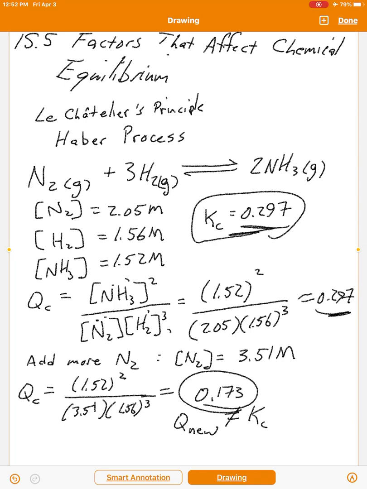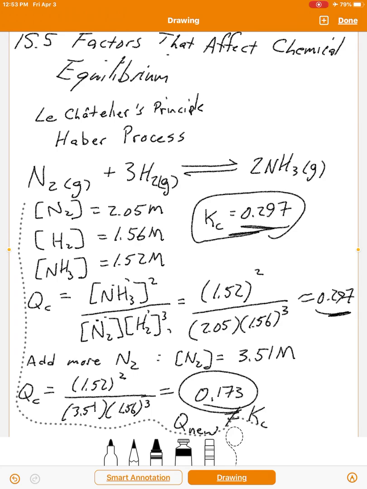So then the question is, what happens at this point? Well, think about it. What is Q now? Q is less than K. We have the background to evaluate this, right? We even have the background almost to evaluate it mathematically.